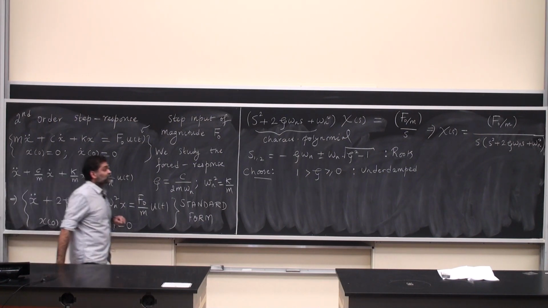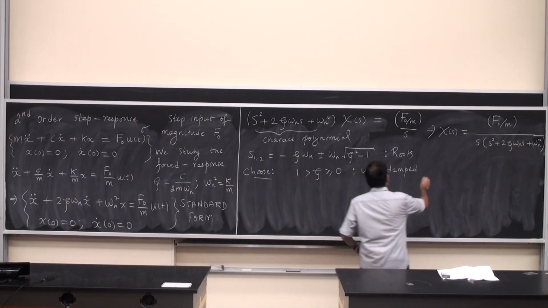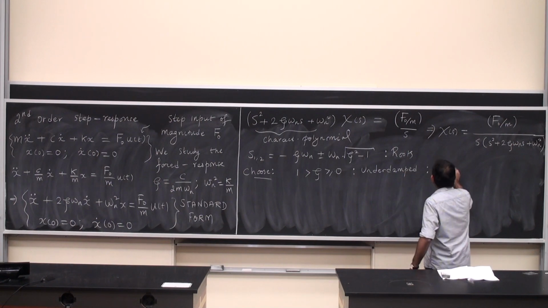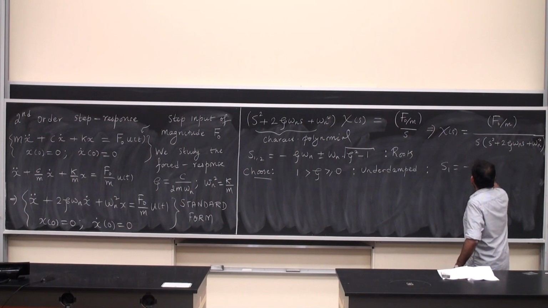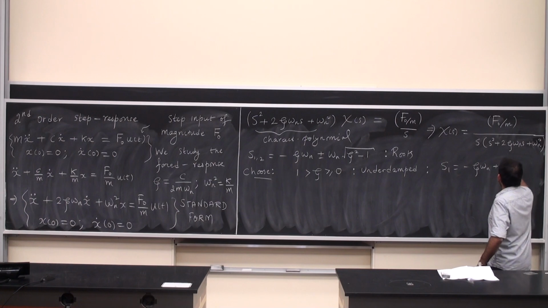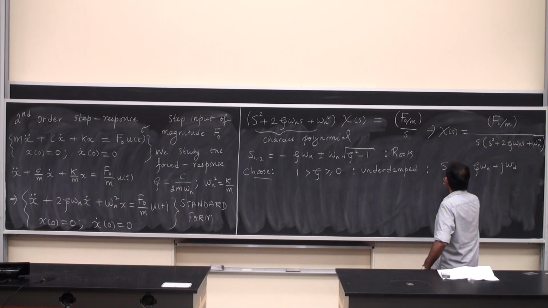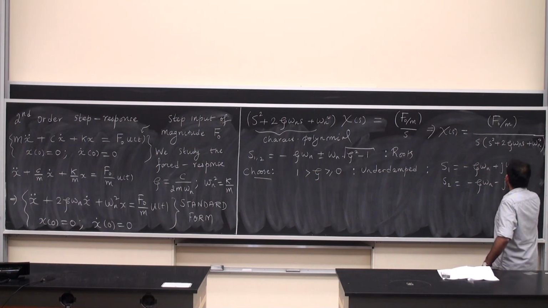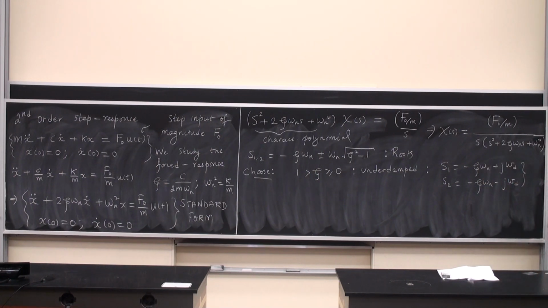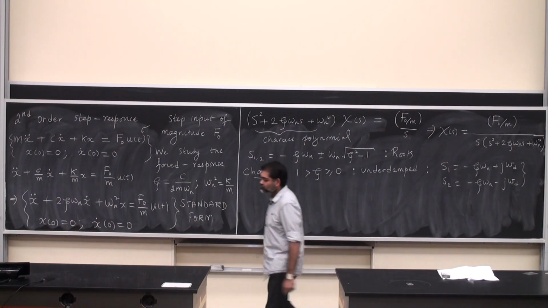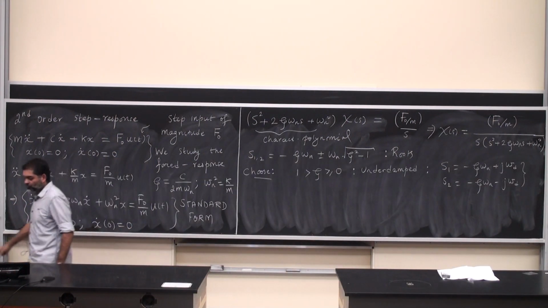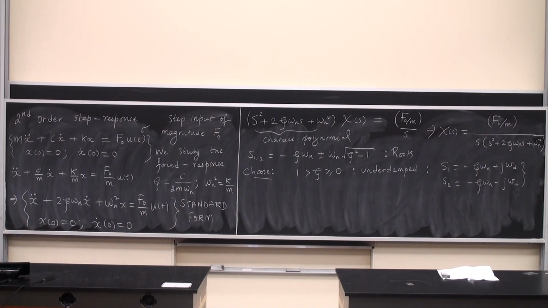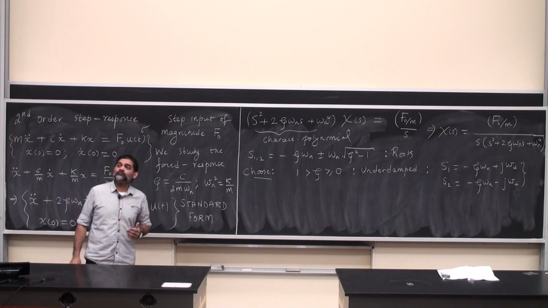And so the roots of the characteristic polynomial, we have written this before: minus zeta omega n plus j times omega d, and minus zeta omega n minus j times omega d. This is all old news. We've done this for free response. Okay?